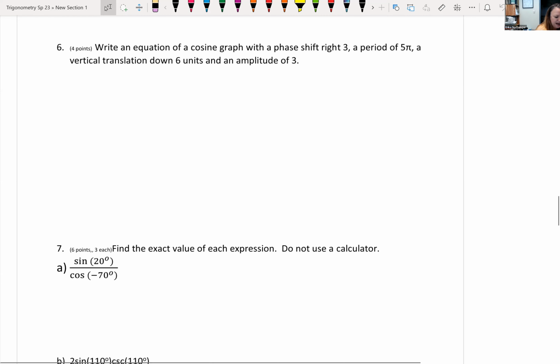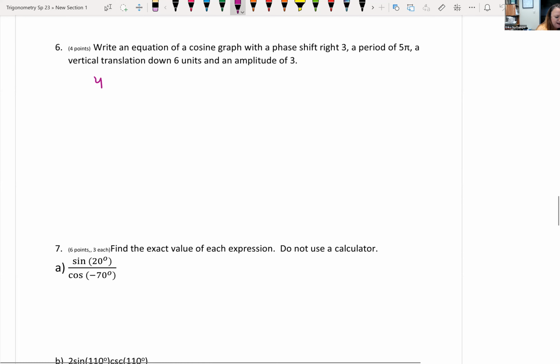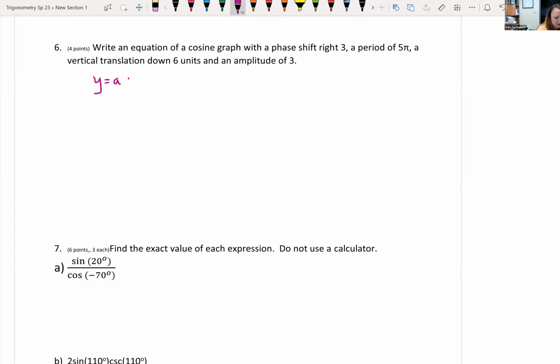So we know that we're going to have some equation in the form y is equal to a cosine bx minus c plus d. So a, the coefficient in front of the cosine function, is our amplitude.